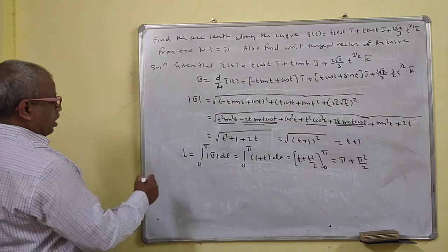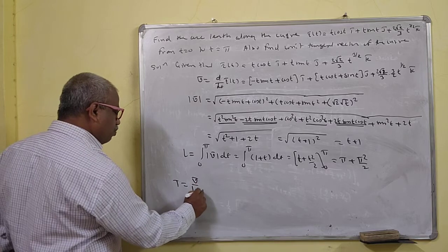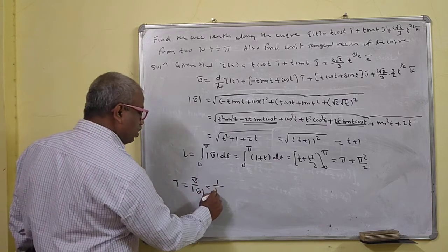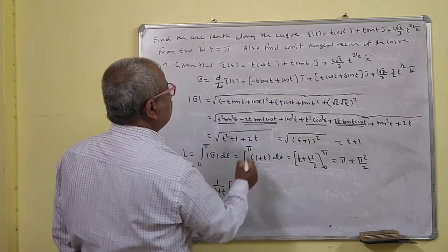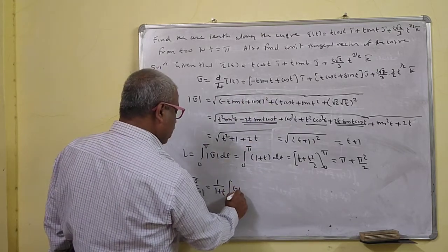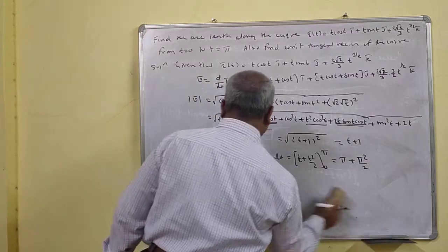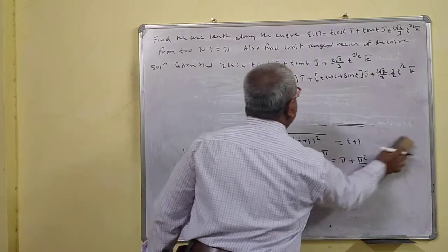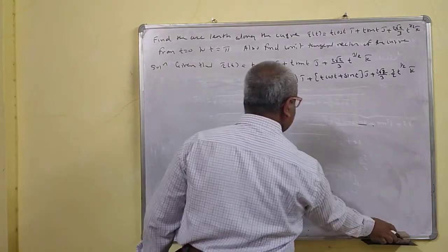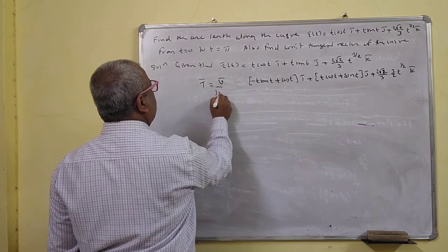And the unit tangent vector: T bar is equal to v bar upon mod of v bar.